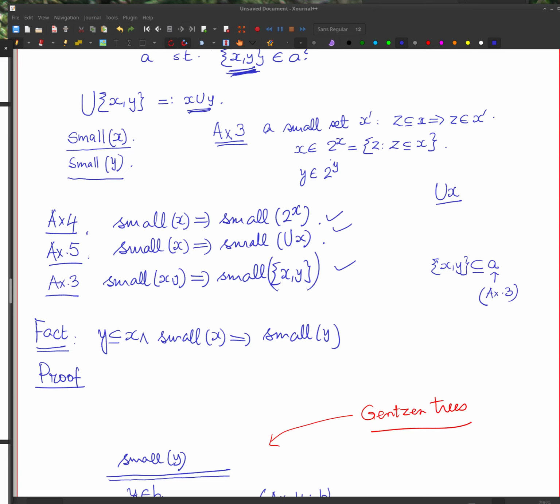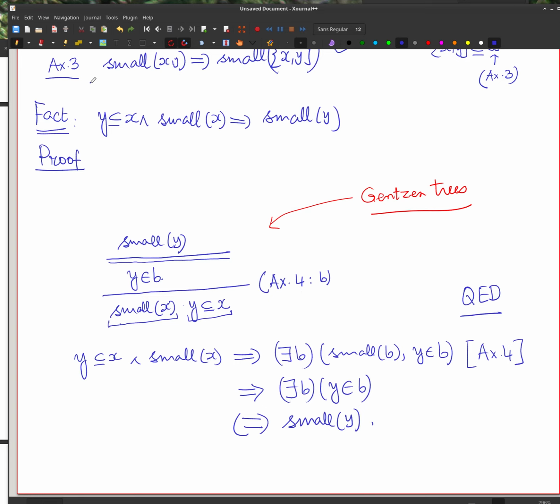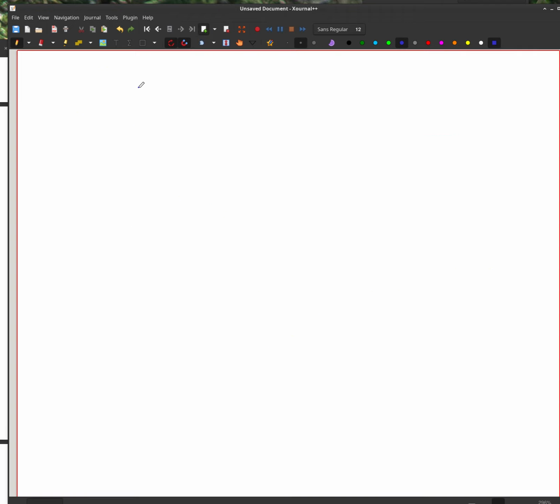Now 3.1.3 is just giving an alternative definition of an ordered pair. Okay, so ordered pairs we defined as this.